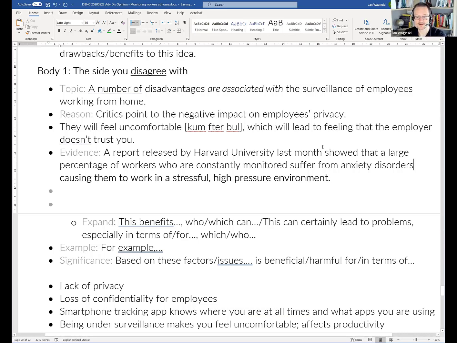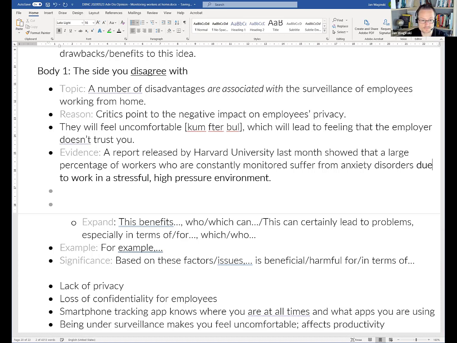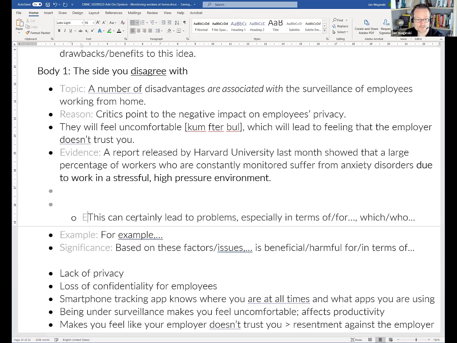A report released by Harvard University last month showed that a large percentage of workers who are constantly monitored suffer from anxiety disorders due to the environment. Okay. This can certainly lead to problems in what way?